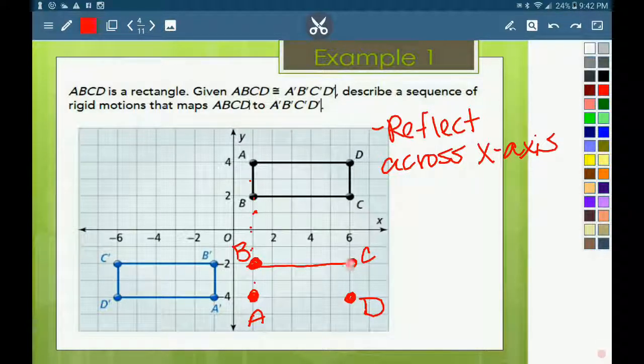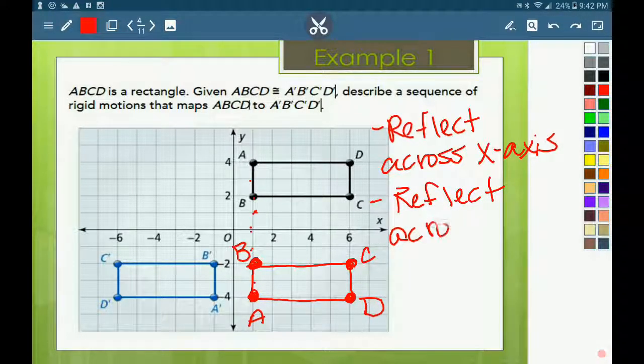So now that we've done the first movement, you guys could see, oh, now we can actually reflect one more time. We're going to reflect across the y-axis. Okay, so when we reflect across the y-axis, we see that B sits on top of B prime, A sits on top of A prime, C would sit on top of C prime, and D would sit on top of D prime.